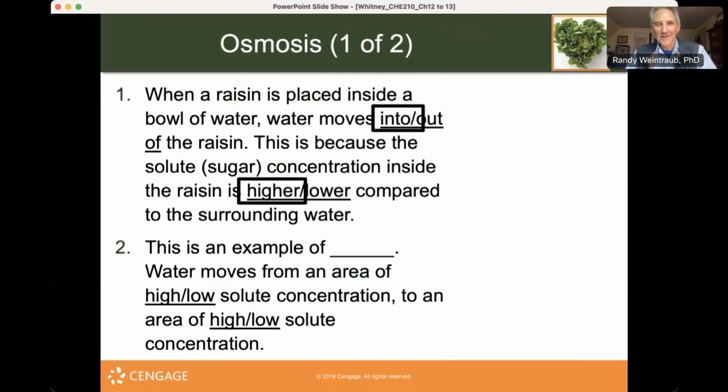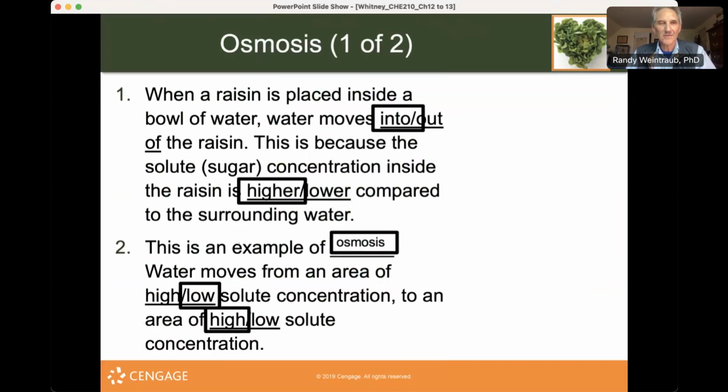This is an example of osmosis. Water moves from an area of low solute concentration to high in its quest to reach equilibrium, or lower the overall energy of a system.